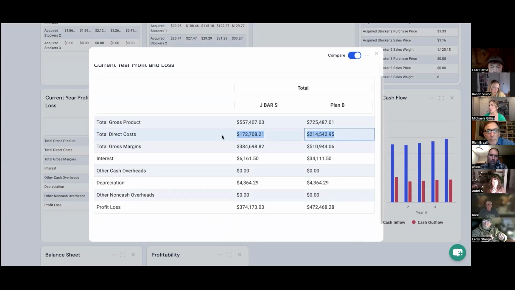You can see that here. If it's a new cost, like associated with a new enterprise, you'd want to make sure to add it in this scenario. But if it's just increasing the number of animals and your costs are going to stay the same, it'll automatically factor that in. Does that make sense? Yep, Aubrey? Great question.